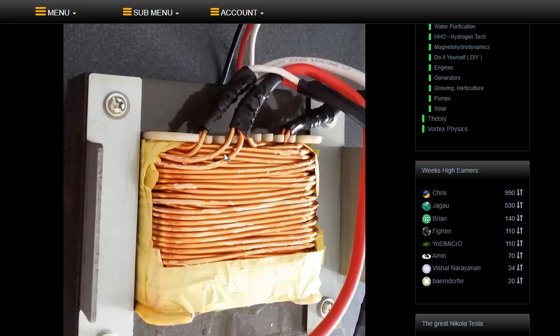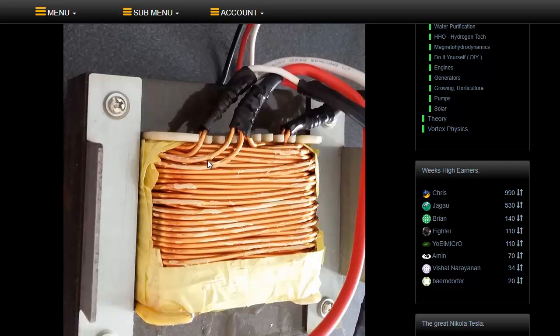That situation is not Lenz's law. That situation gives us torque on the generator shaft. That situation gives us a magnetic force in the transformer, which is not Lenz's law. This is something that people have overlooked and confused and not understood properly forever, basically.